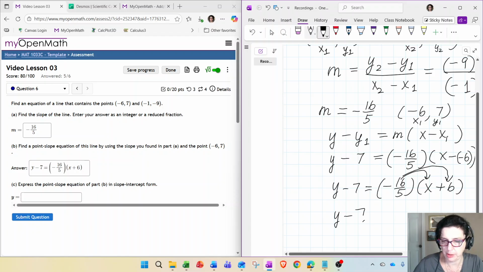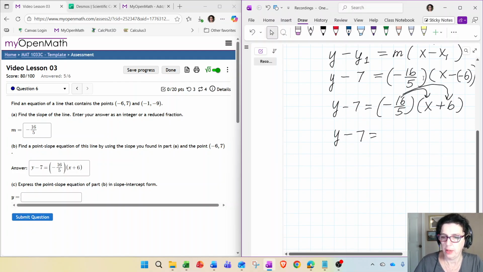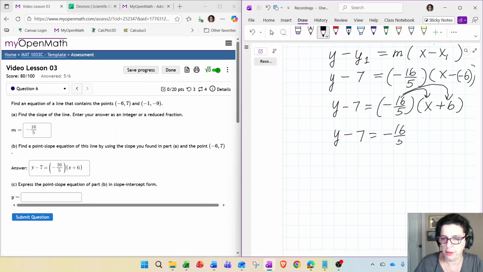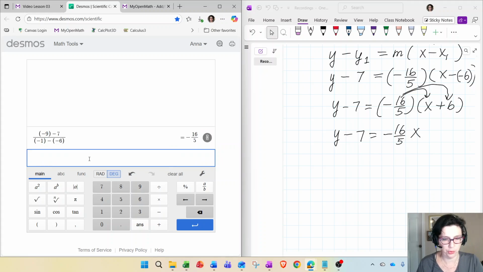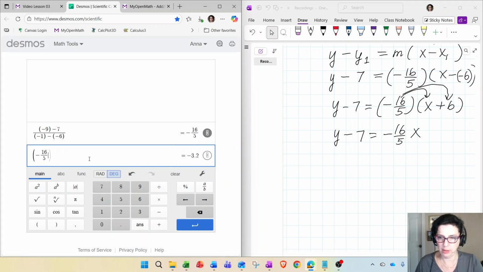So y minus 7 equals -16/5 x, right? We're just multiplying that here. And then -16/5 needs to be multiplied by 6. So I am going to do that over here. I'm going to put -16/5 and multiply that by 6.